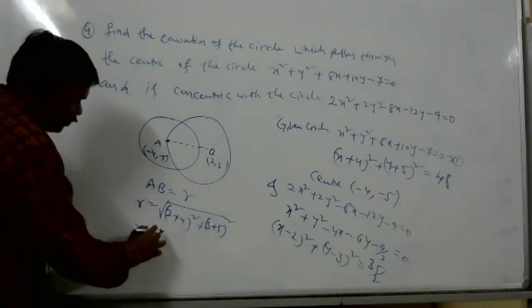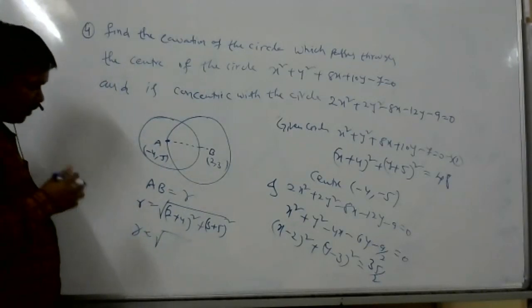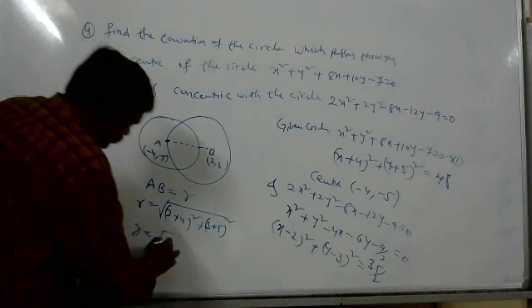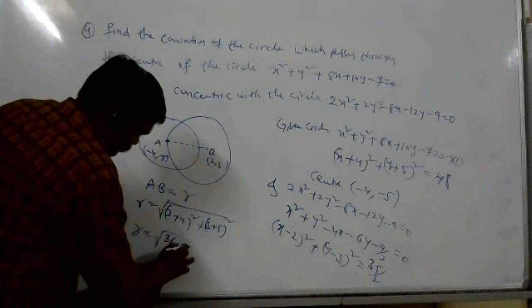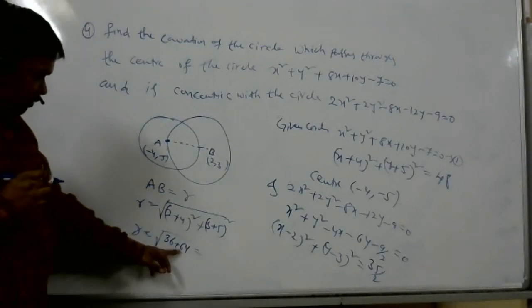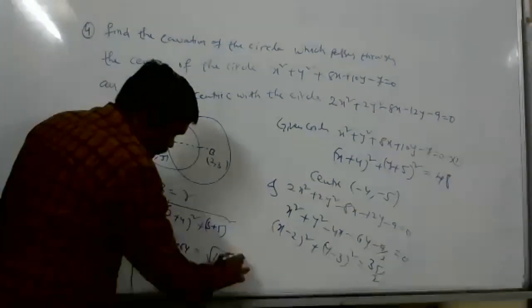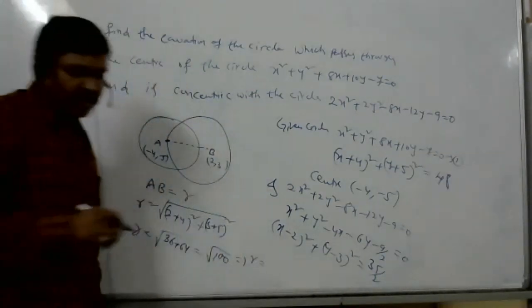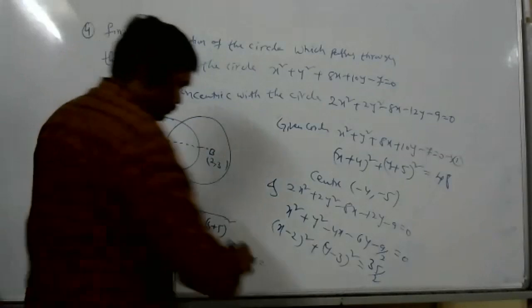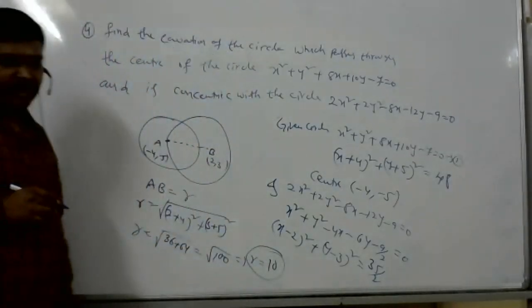R is equal to under root 36 plus 64, is equal to 100. R is equal to 10.